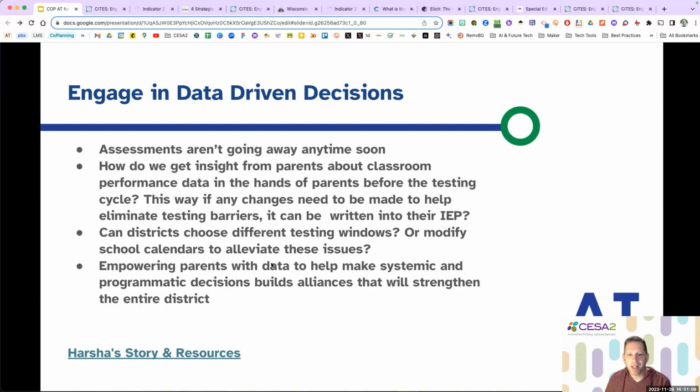Empowering parents with that data, I think, will also build an alliance, right? Sometimes we have pushback from parents or parents doubting the school system. But by empowering them with that data and that research, like Kathy mentioned earlier, and helping them make those decisions, it seems more like a partnership.